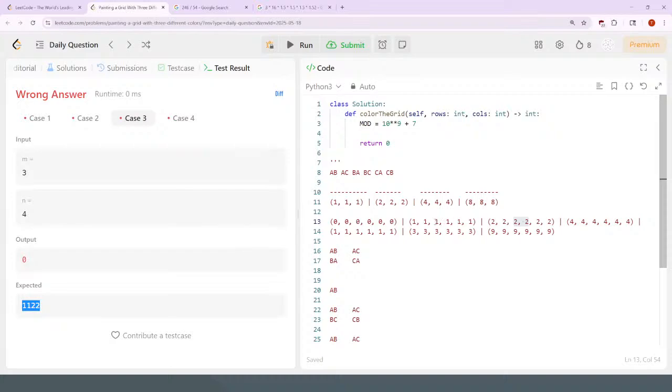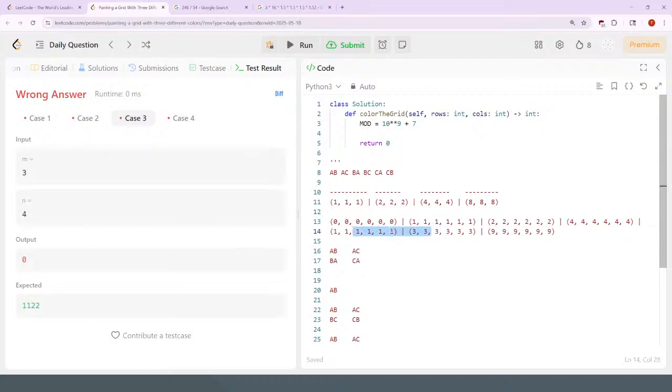The number of ways you can get... So what do these numbers represent? 3 is the number of ways you can get this to be AB. 3 is the number of ways you can get this to be BC: AB, AC, BA, BC, CA, CB.